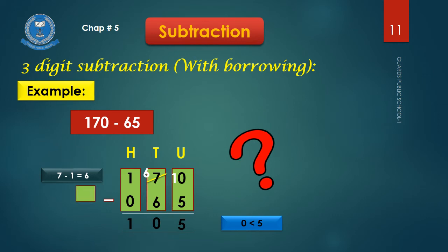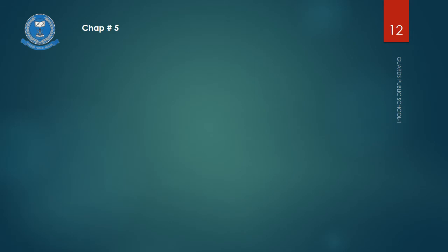Now we have 100, 0 tens and 5 units. So the difference of subtracting 65 from 170 is 105. Now let's see one more example.